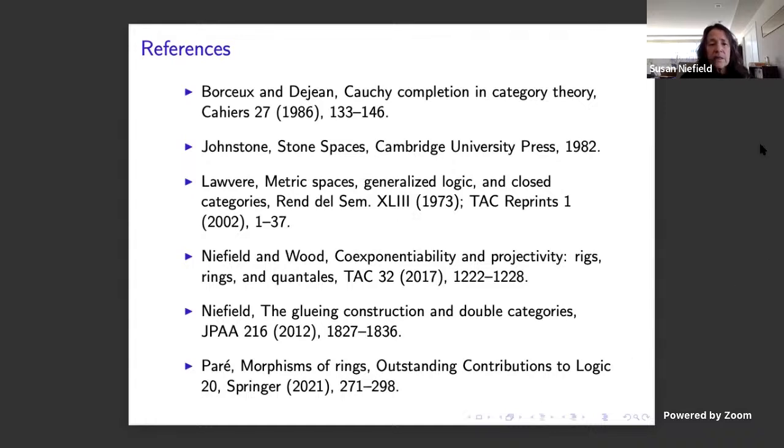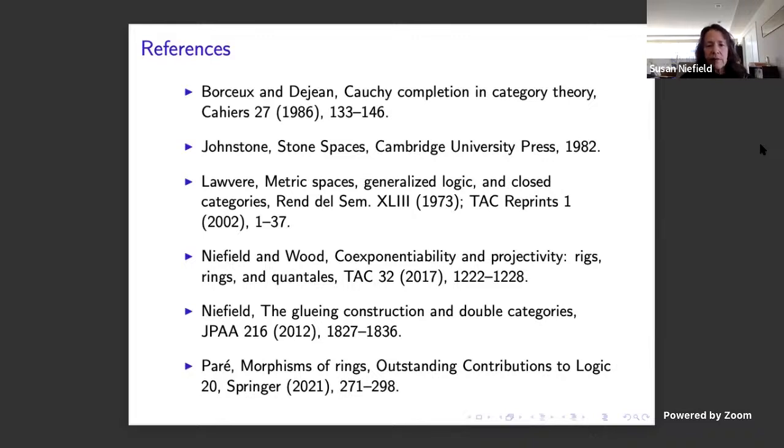The next is, well, I just mentioned stone spaces because that's from 82, John Stone's book, because that's where you can find it, actually you can find it earlier in the Topos theory book, but his first Topos theory book, but that's where you can find the locale stuff. I think it's in there too, on sober spaces.